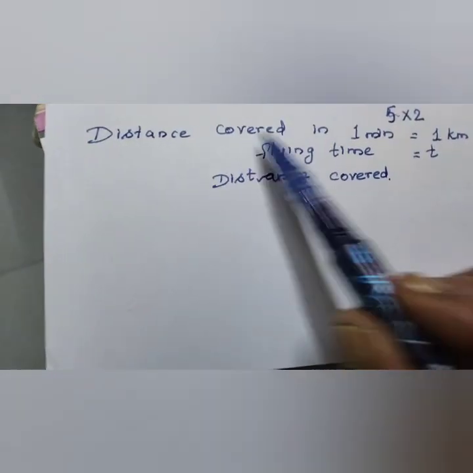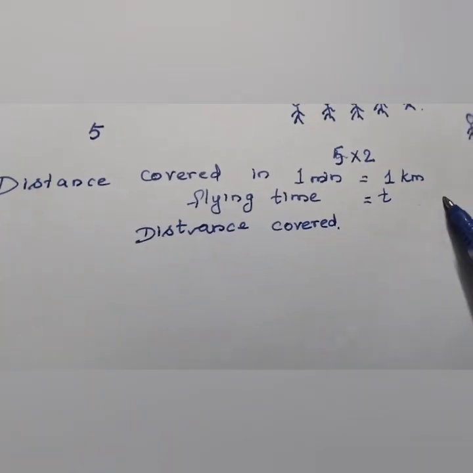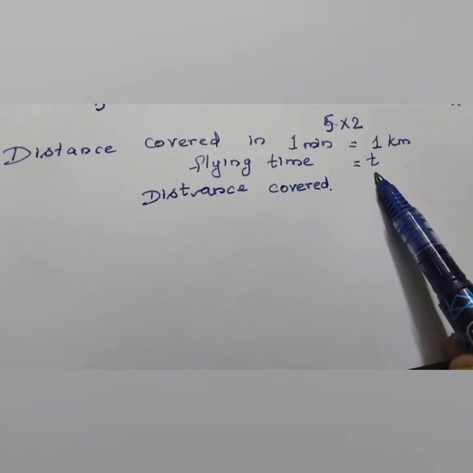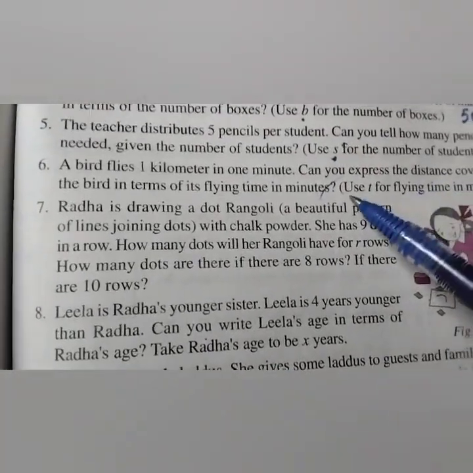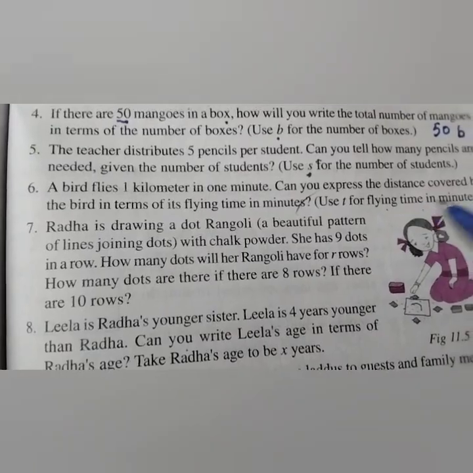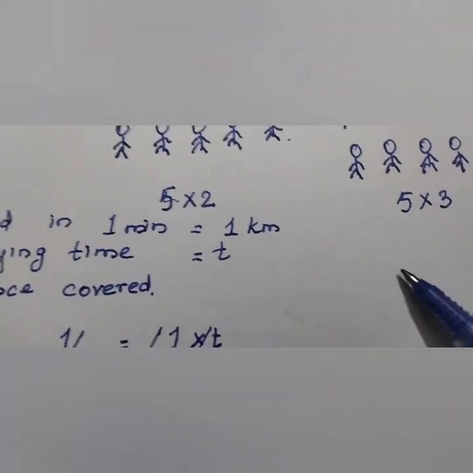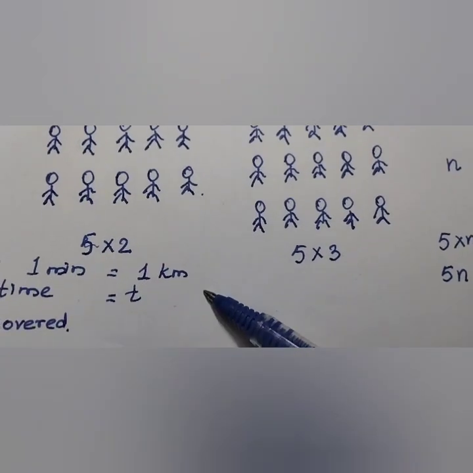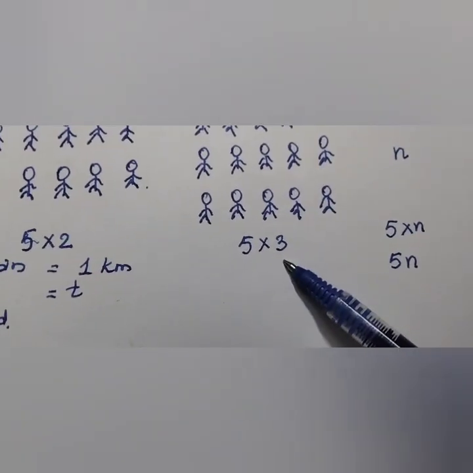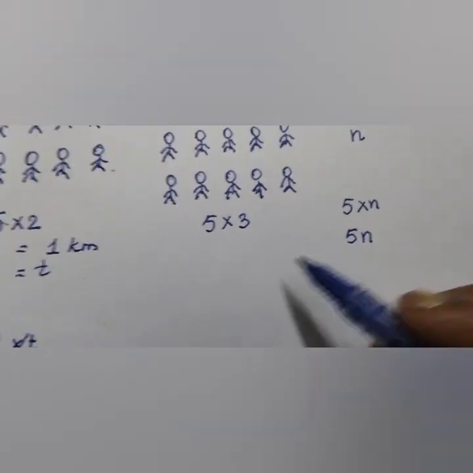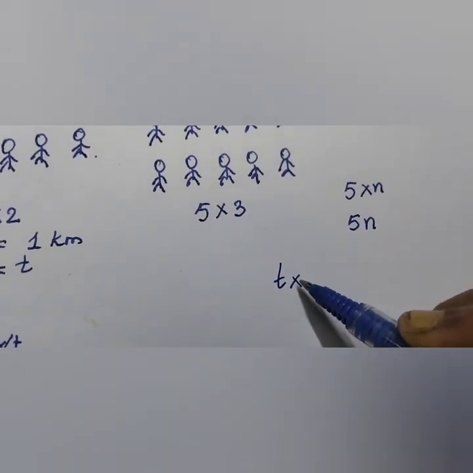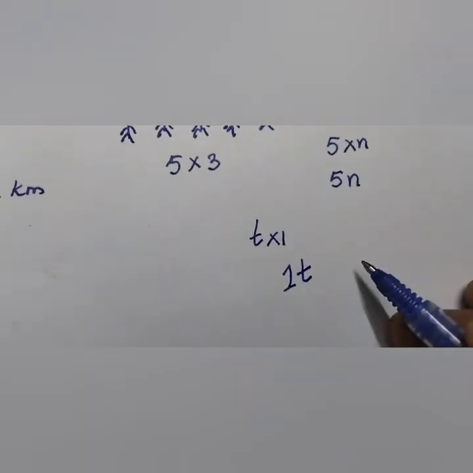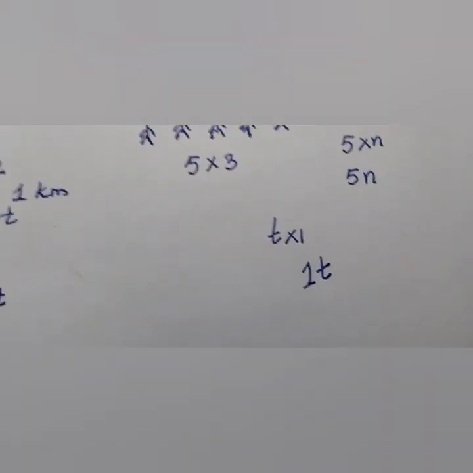The distance covered in 1 minute is 1 kilometer and the given flying time is T. So, for 1 minute, it flies 1 kilometer. For T minutes, it will fly T into 1, that is 1T kilometers. That is the distance covered by the bird.